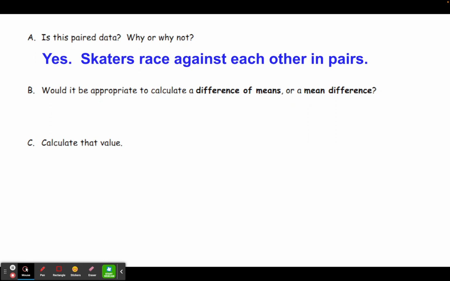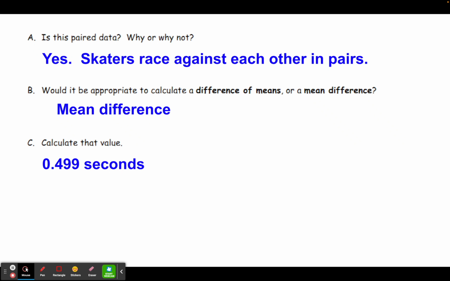So in this case, we know that this is paired data because the skaters race against each other in pairs, and we have two skaters that are racing at the same time. Because they are skating in pairs, we would analyze this as a mean difference. And earlier in the chapter, we calculated that value as 0.499 seconds.